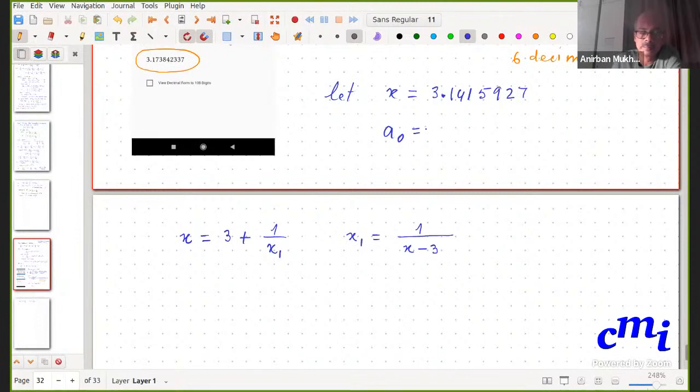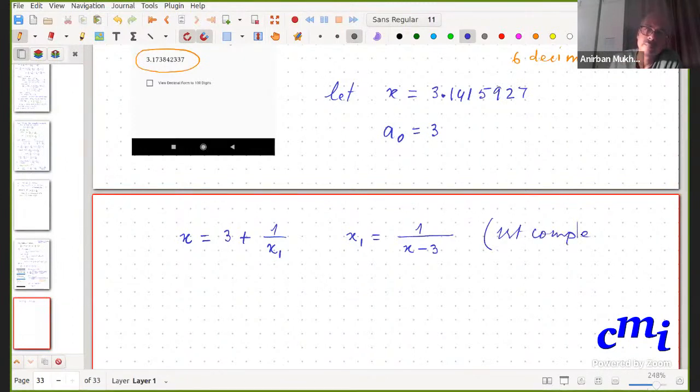The first entry of the continued fraction expansion is just 3, and x1 is the first complete quotient.